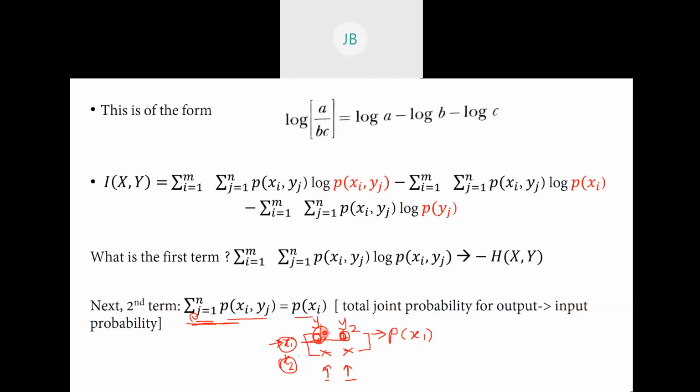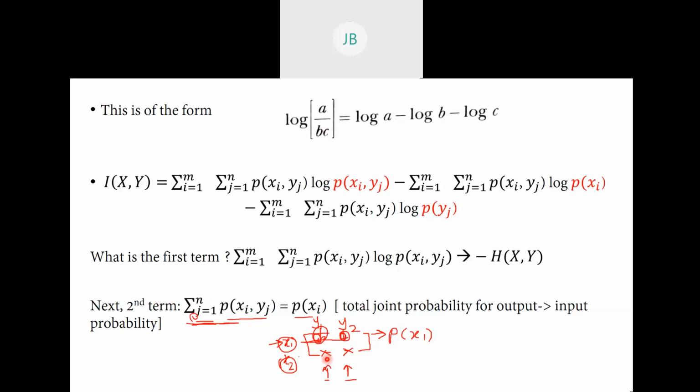Right now we are in this column, next we are going to this column for a fixed row. Then we will be adding these two items. When we sum this up, we should be getting the probability of this input xi, in this case x1.